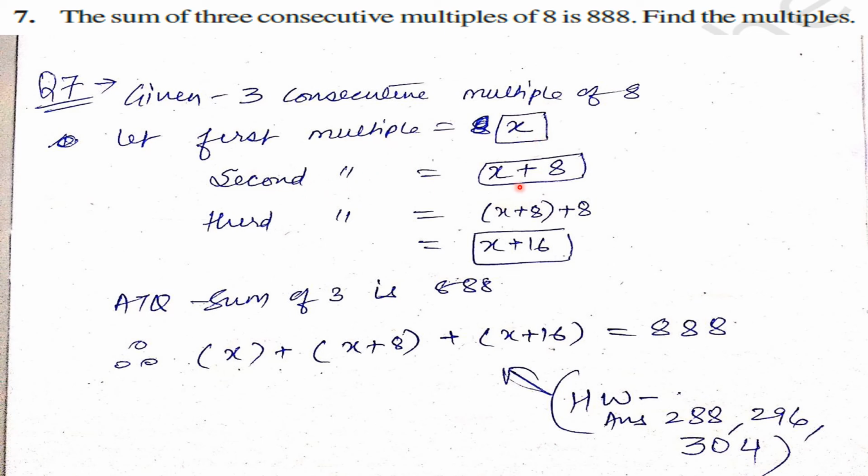Second multiple will be x plus 8, very easy. Third will be second plus 8, which is x plus 8 plus 8, which is x plus 16. So the three assumptions are x, x plus 8, x plus 16. According to the question, sum of 3 is 888. So I have written the equation. Now you can solve this to find the value of x. Answer will come this.